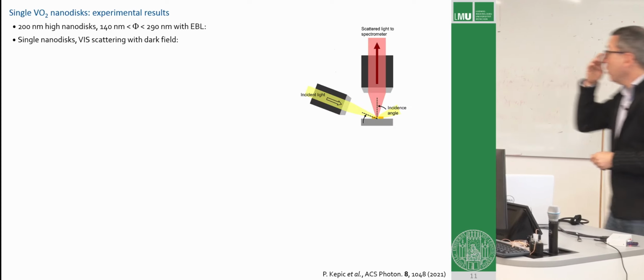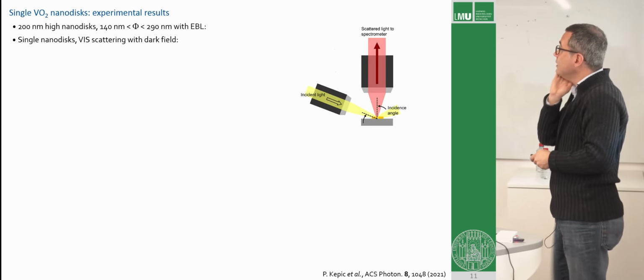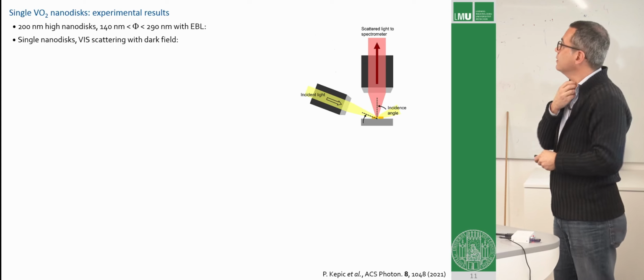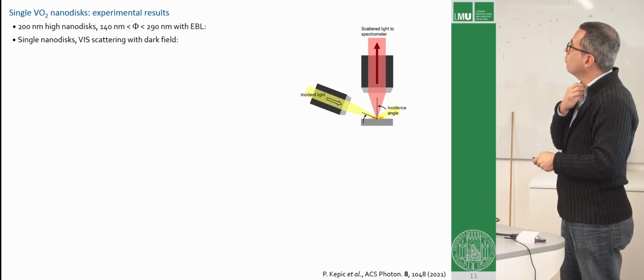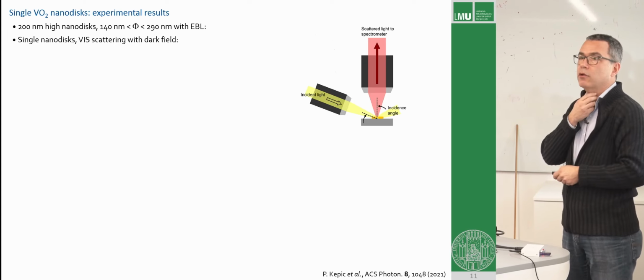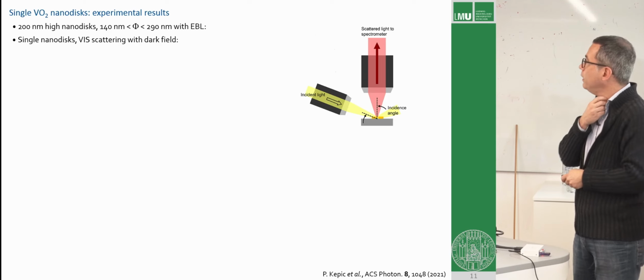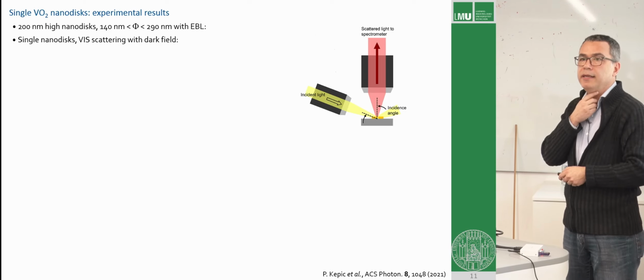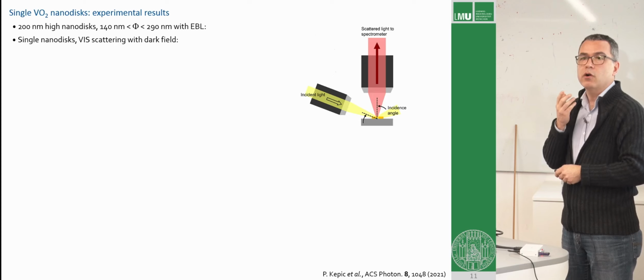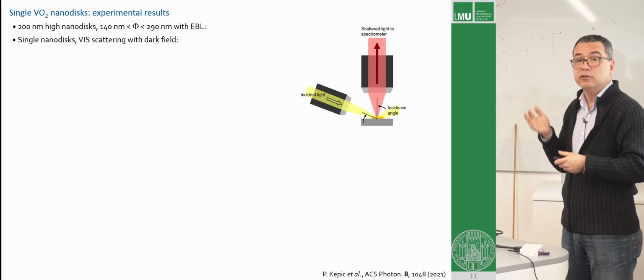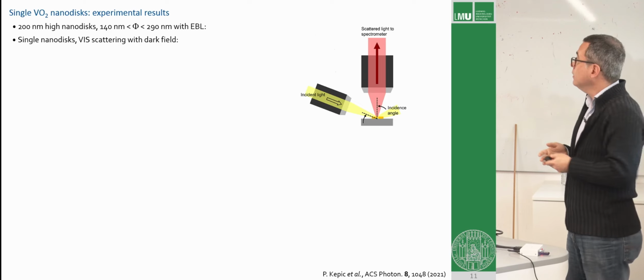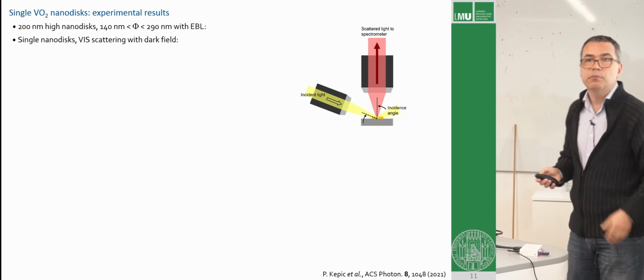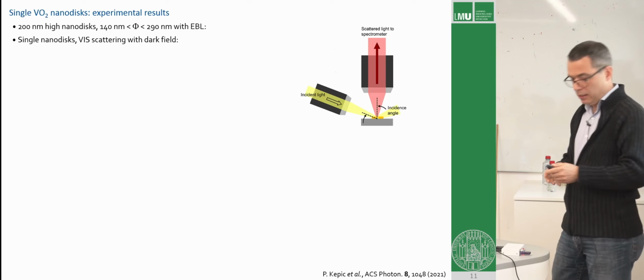And now we also investigated the optical properties of these disks. In order to do this, we performed the so-called dark field microscopy or dark field spectroscopy, which is a very smart technique when you want to record scattering from particles. So scattering from nanoparticles is always very weak. This means that you have to try to suppress your background as much as you can, right?